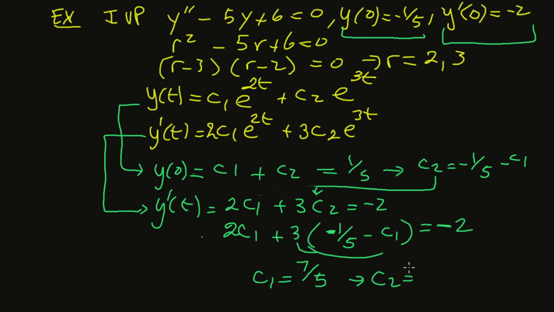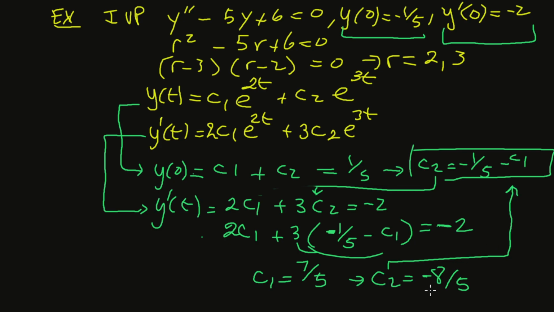Now going back to this one, you get -8/5. Okay. Alright, so we go back to that formula. We substitute C1 and we get back C2. So it's just kind of a sequence of steps.